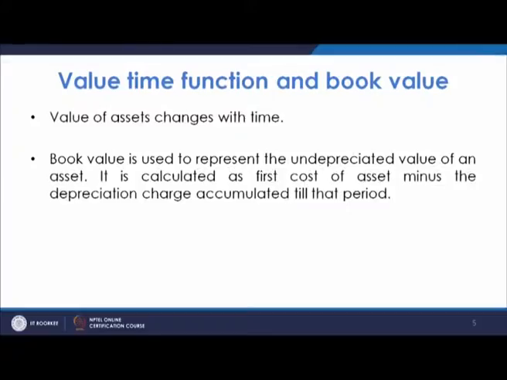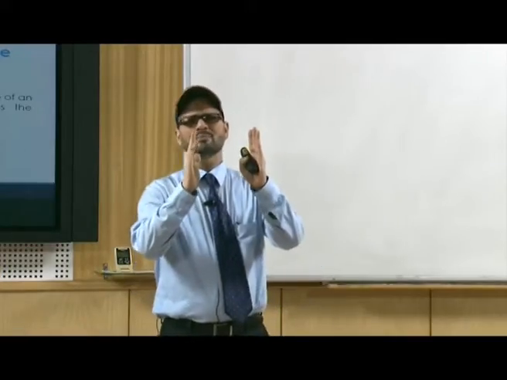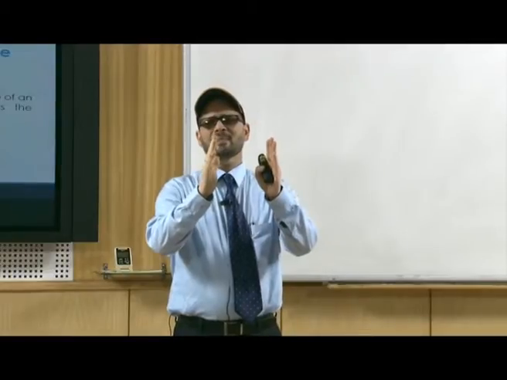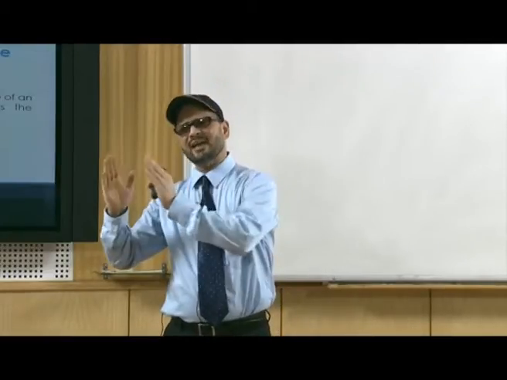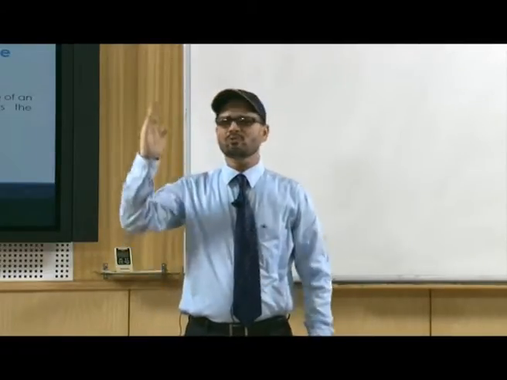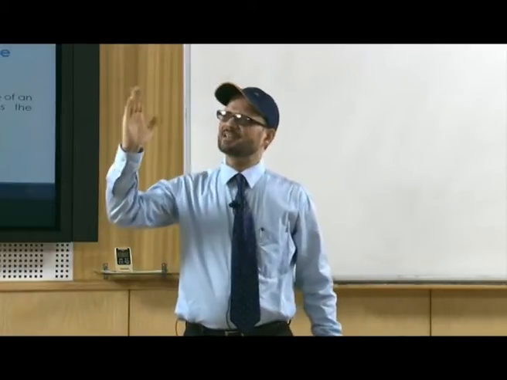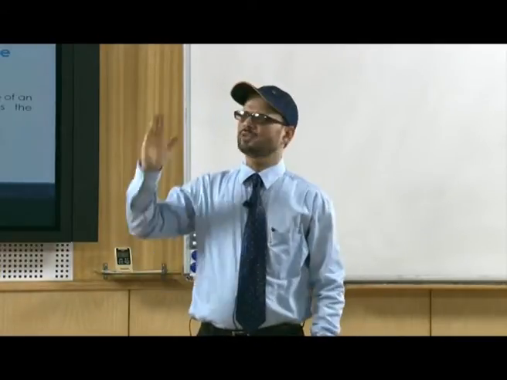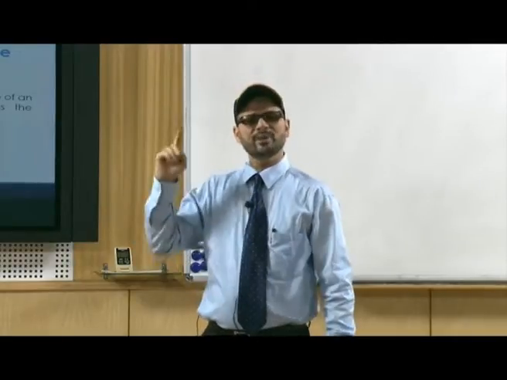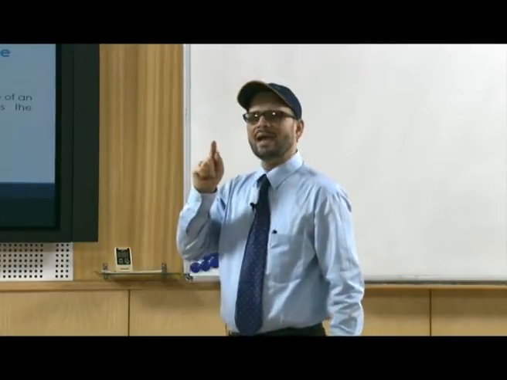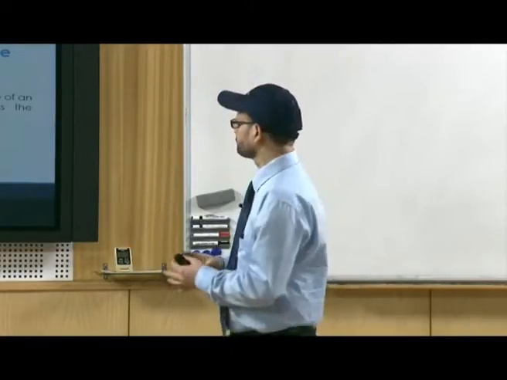Book value is used to represent the undepreciated value of an asset. So, book value is nothing but the value which you have now, and the depreciation will be there every year. Book value is the value of the asset at any particular time. If you take any time t, Bt represents the book value at the end of year t.